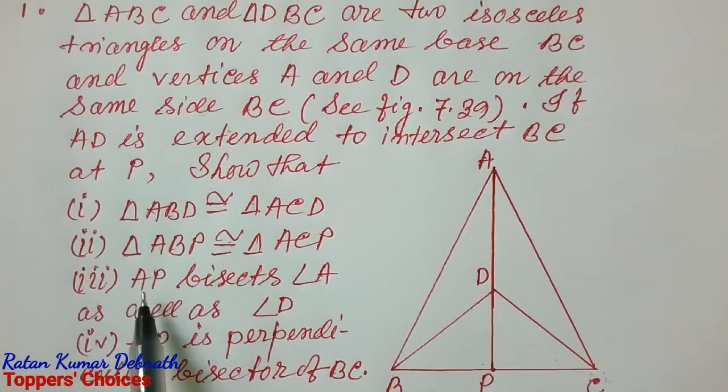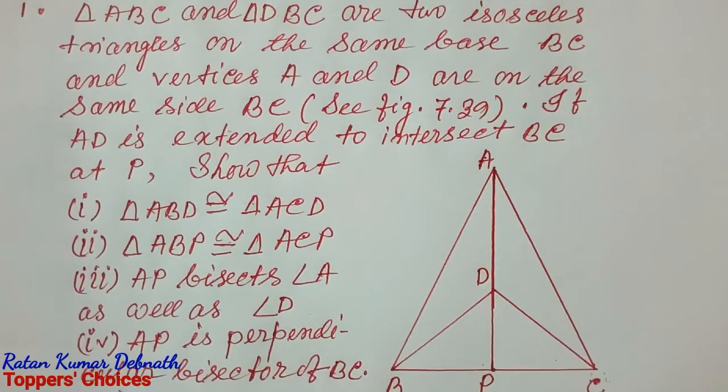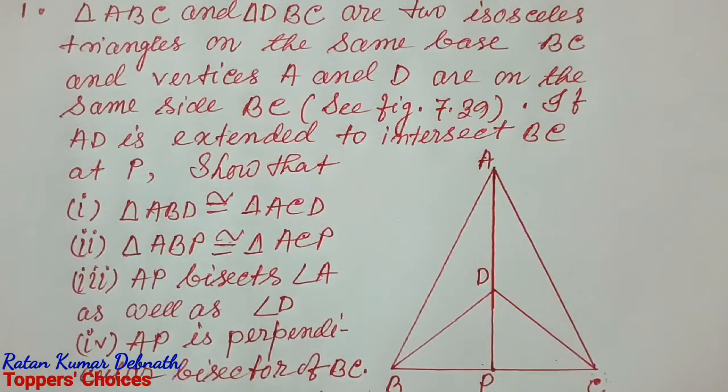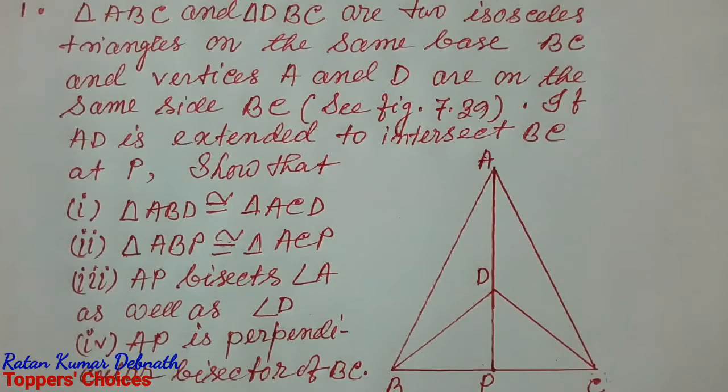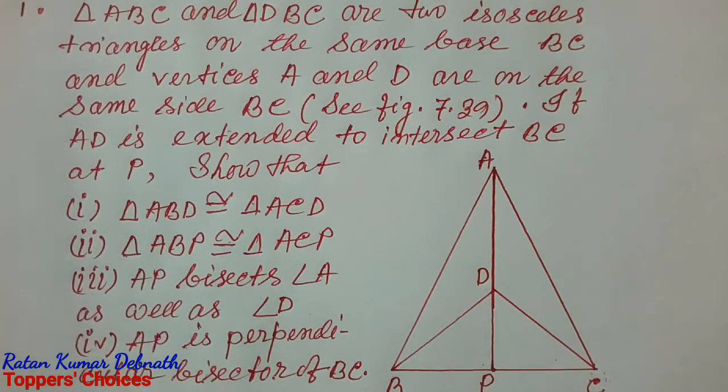Number 3, AP bisects angle A as well as angle D. And number 4, AP is perpendicular bisector of BC. Let's go through the question once again slowly and start solving the questions one by one.